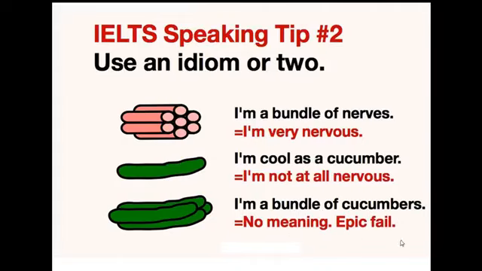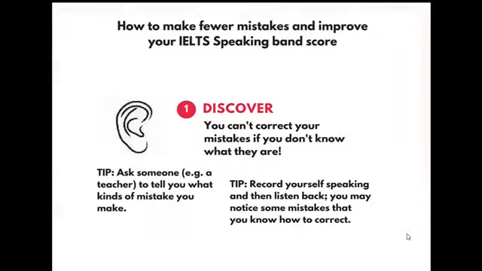It's an epic fail for you. So if you are not sure how to use the idioms correctly, please don't go for it. Otherwise, if you use idioms correctly, it could take you to the stars in your speaking part. Okay, now moving next. Obviously, when it comes to your speaking part, we all make mistakes.